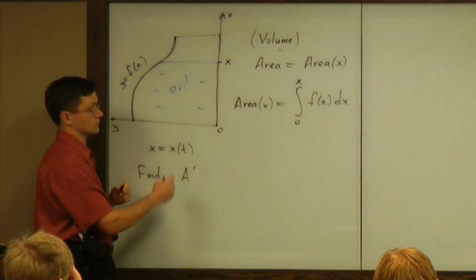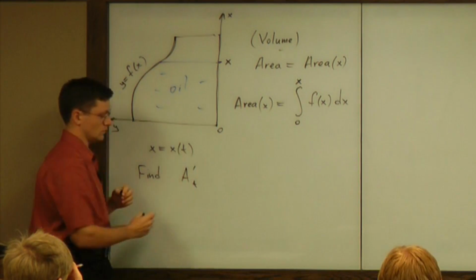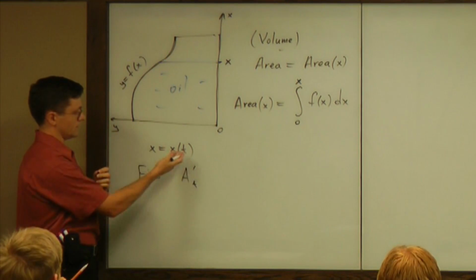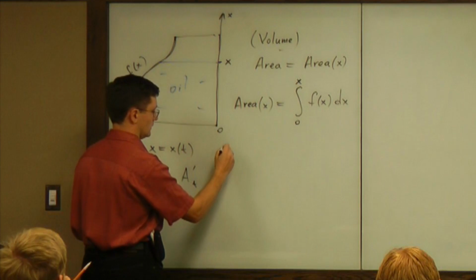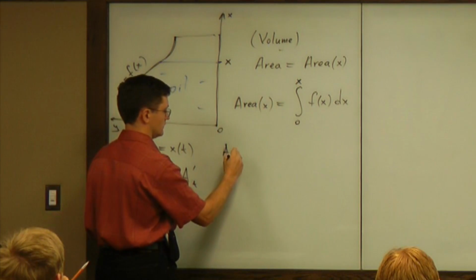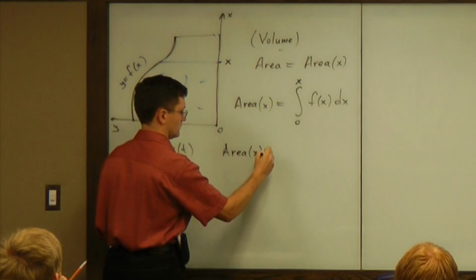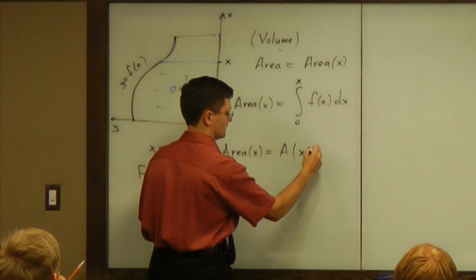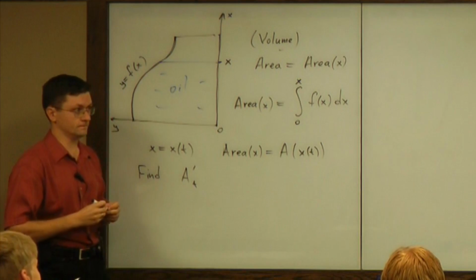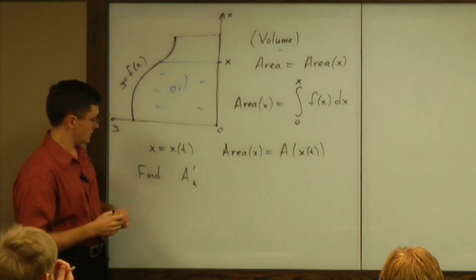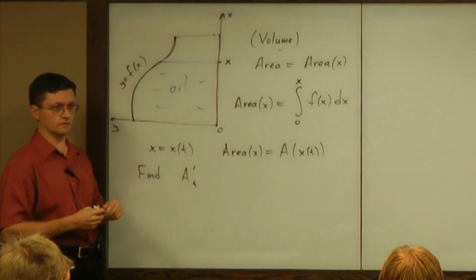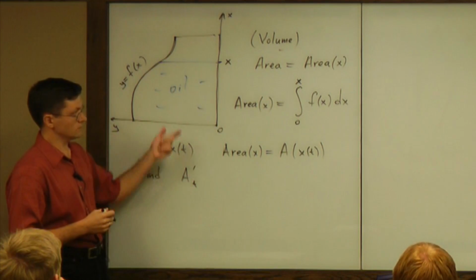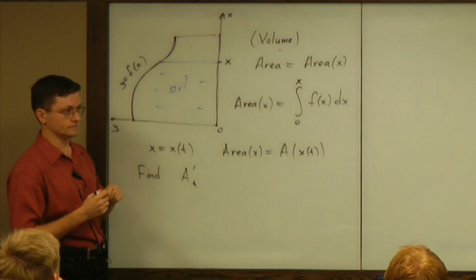So I need the derivative of the area with respect to time. Because ultimately, if x is a function of t, then area becomes a function of t. Right? So it makes sense to ask for that rate of change, and that's where the chain rule comes in.